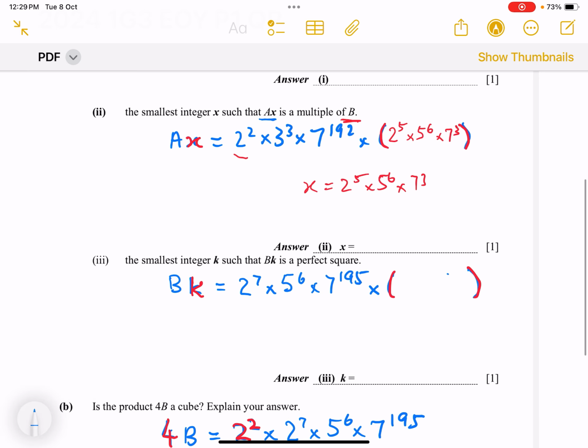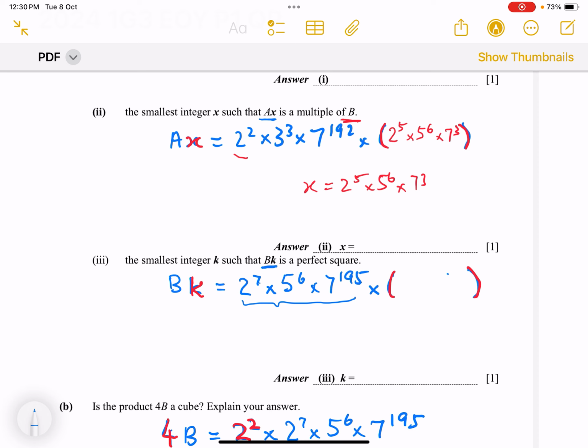Next, we have to find the smallest integer k such that bk is a perfect square. So this is b. So k is the number that will make all the powers even.